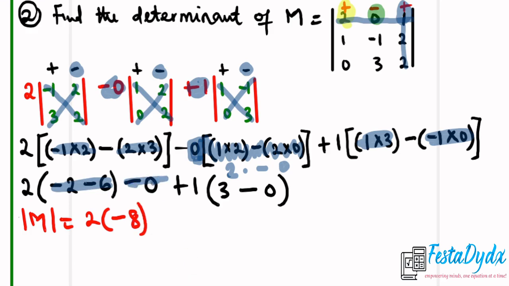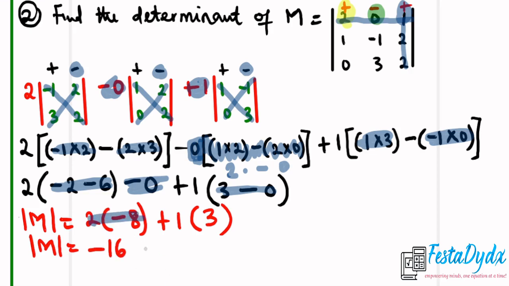So let's not work with this again. Minus 0 is nothing. So let's move to this one, which is going to be plus 1. Then in a bracket, we'll have 3 minus 0. 3 minus 0 is 3. So the determinant of m is equal to 2 times minus 8 gives us minus 16, plus 1 times 3 gives us 3.